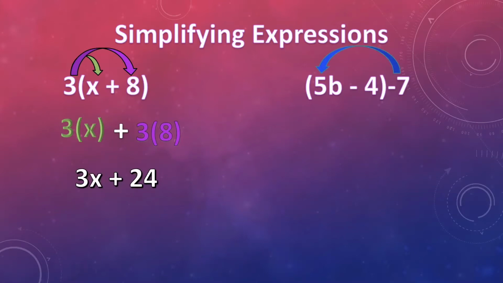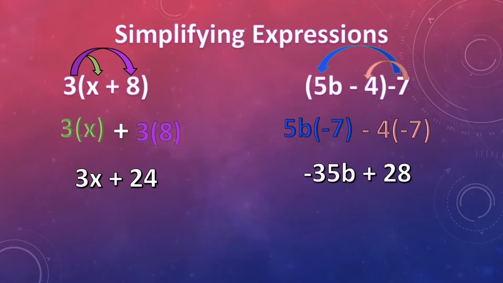Notice what's outside is a negative, and I'm multiplying that by both. Now, what you're multiplying here is -7 times 5b and -7 times -4. So -7 times 5b is -35b, and -7 times -4 gives me a positive 28.